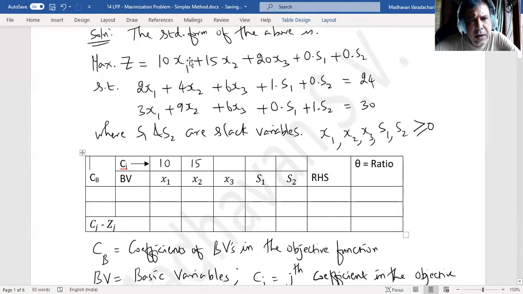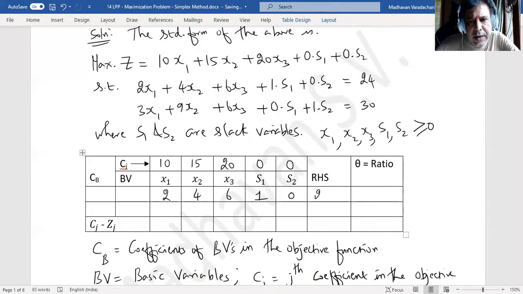Here there are 1, 2, 3, 4, 5, so there are 5 variables, and J ranges from 1 to 5. The next one is 20, the next is 0, the next is 0. And here we have 2, 4, 6, 1, 0.